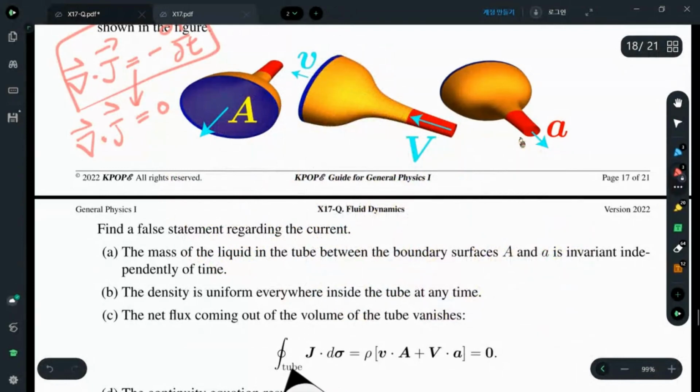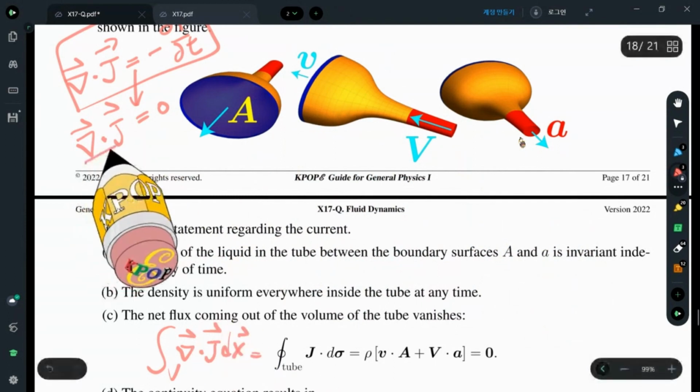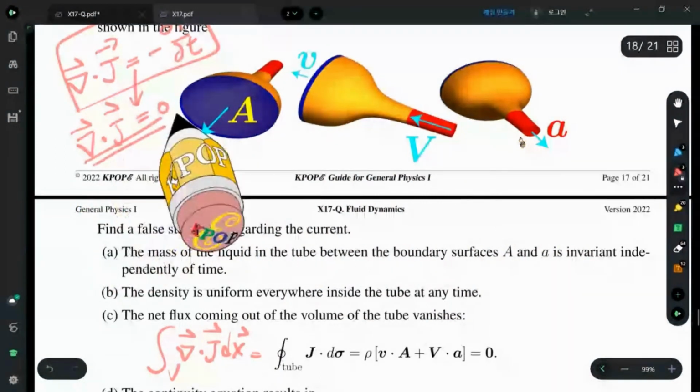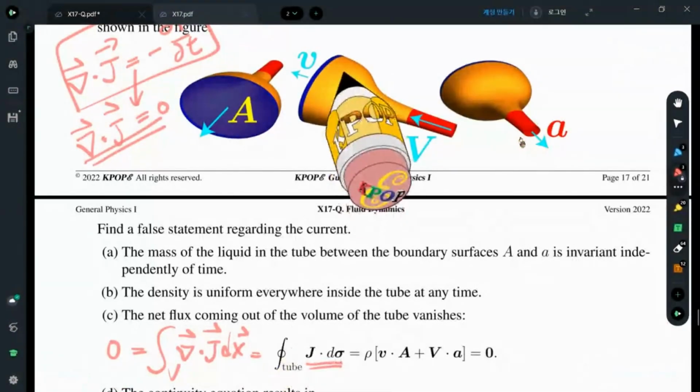You want to compute this. This is the divergence theorem. Steady state, divergence J equals 0, so this is 0. And the surface integral should be 0.